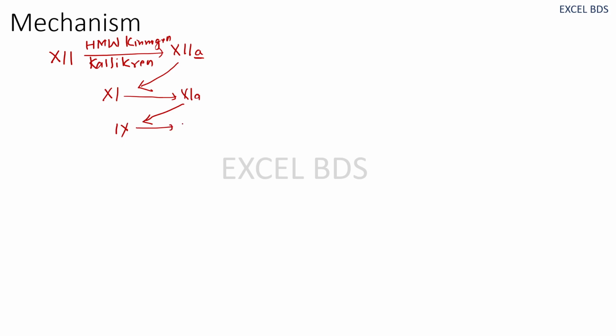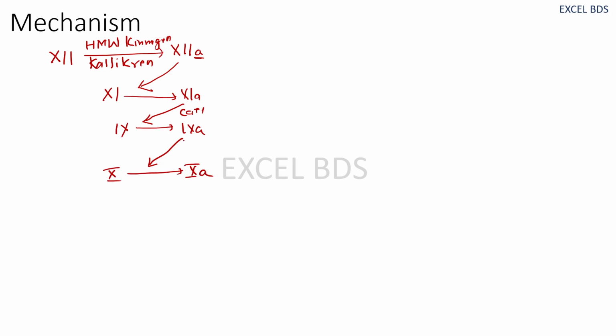And we have activated factor 9. For this step we also need calcium. Now this activated factor 9 is going to activate factor 10. So factor 10, now this is the activated form of factor 10.